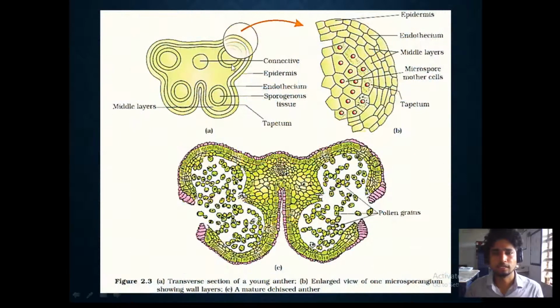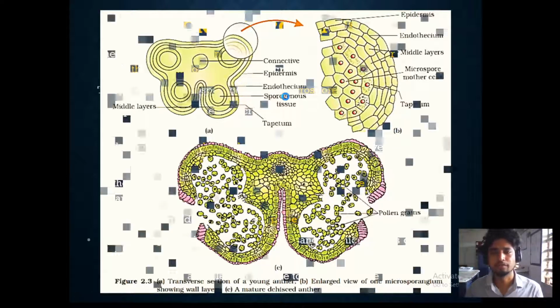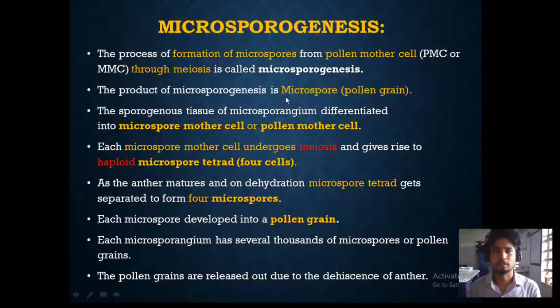We have said that there are homogeneous cells, called sporogenous tissue, and these undergo differentiation. Differentiation means they take up a permanent shape and permanent function of the cell. This differentiation leads them to form the microspore mother cell, also called the pollen mother cell.